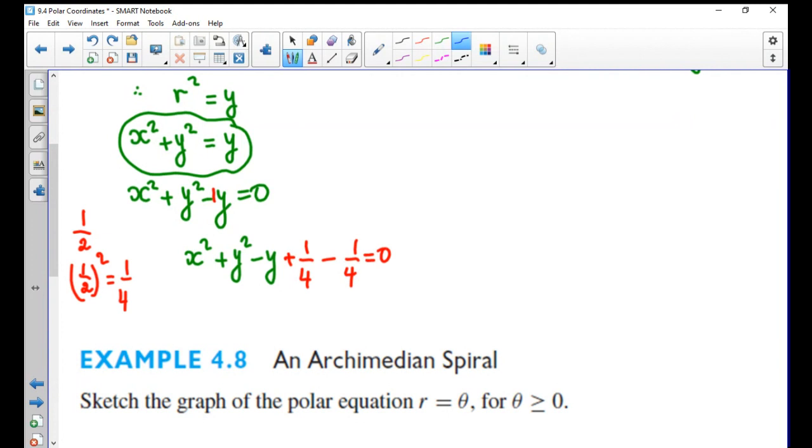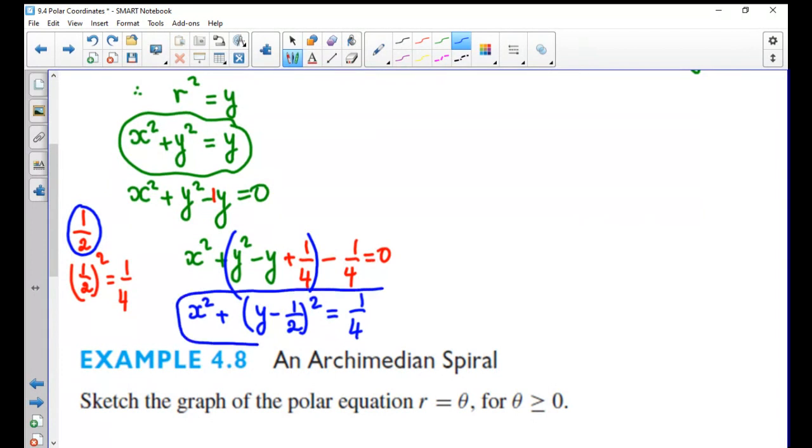So this is completing the square. You may know this. So what we get is x squared, and then these 3 terms are y minus 1 over 2 squared equal to 1 over 4.